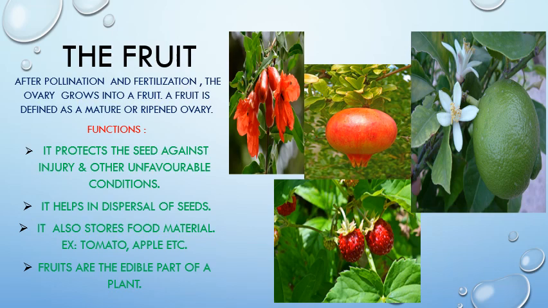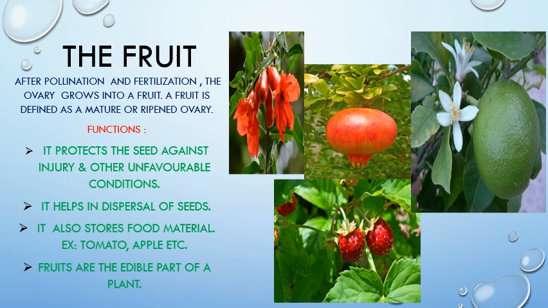What is a fruit? A fruit is defined as a matured or ripened ovary. So the ovule consisting of seed and the ovary change into a fruit. So inside the fruit the seeds will be formed. So what is a fruit? A fruit is defined as a matured or ripened ovary.